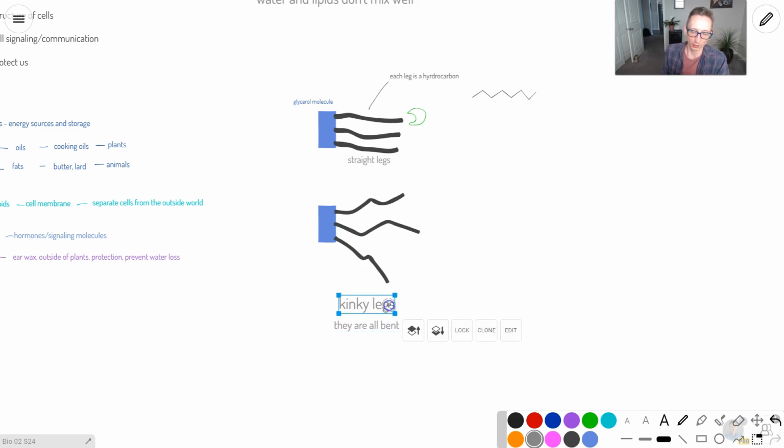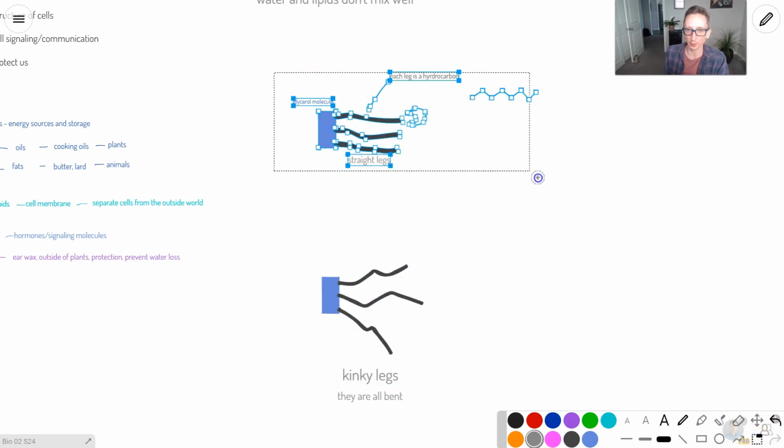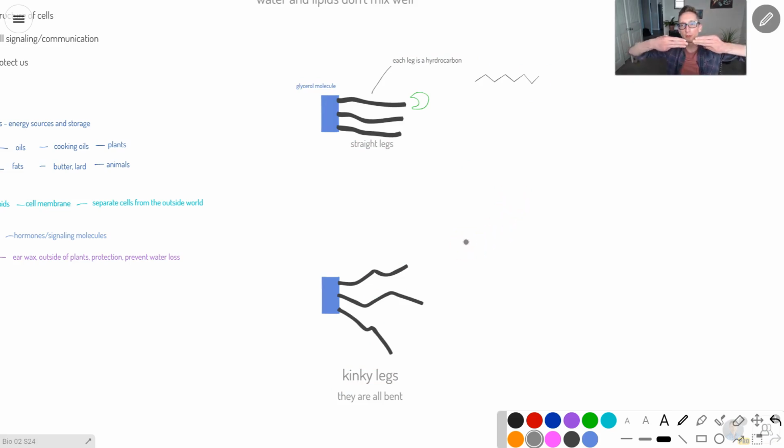Okay, pretty interesting. What does this mean? What does this matter? Who cares? No one gives a crap. Tori, you're boring me with your nonsense. Who cares about these kinky legs? All right, well, in that top one, we got all these straight legs, right? They can stack up nice and neatly. You get a bunch of these molecules. Boom.